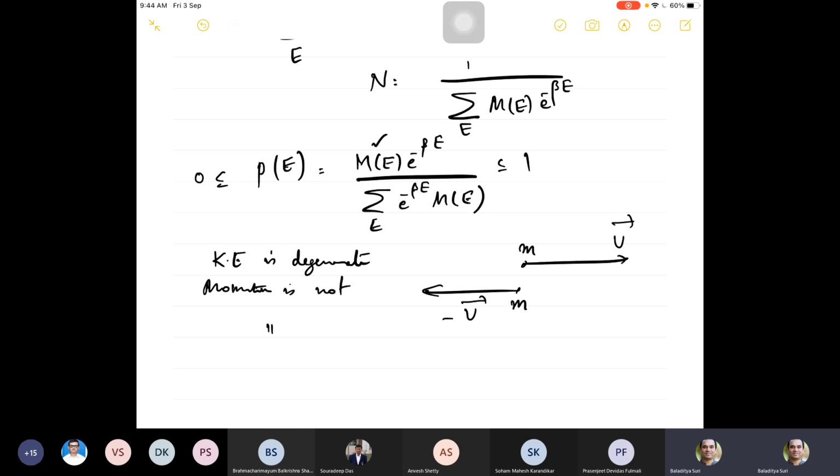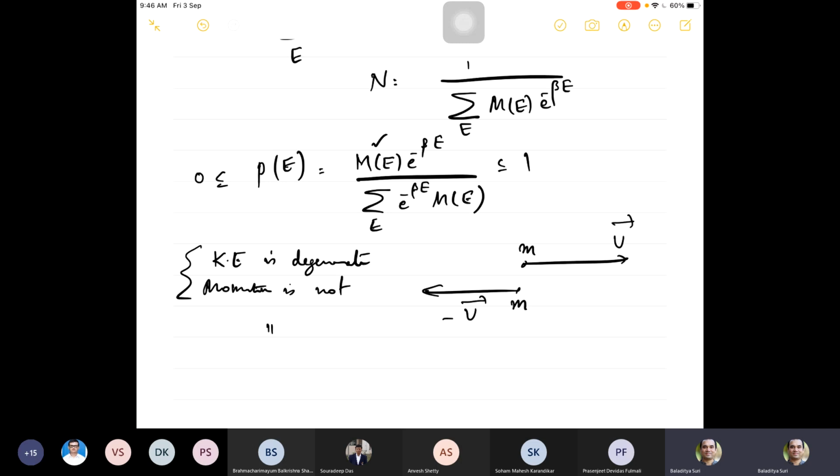All right. And usually, from this little example of kinetic energy and momentum, the question of degeneracy is a matter of which observables you are taking into account to describe the state of the system. Very often, I'm not saying always, degeneracy arises when you ask what a particular value of a particular observable is.